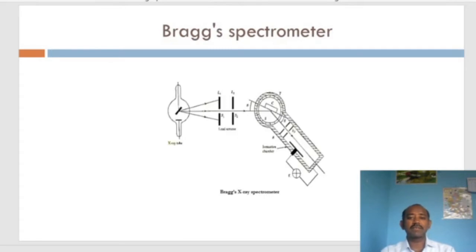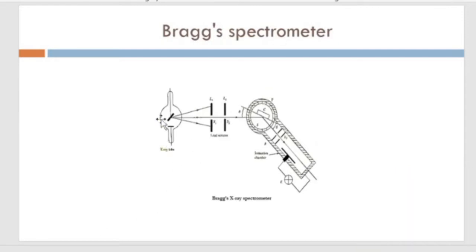This is the picture of the Bragg spectrometer and how it works. In this Bragg spectrometer, this is the X-ray tube.